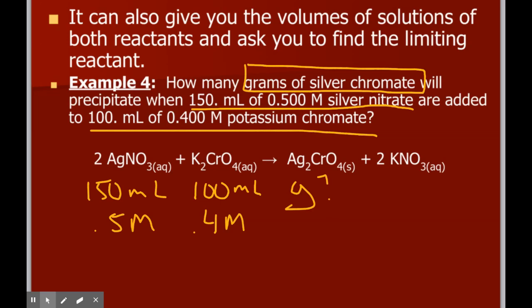So we're going to do 2 calculations. One that starts at volume of silver nitrate and goes to grams of silver chromate, and another calculation that starts at milliliters of potassium chromate and then also goes to grams of silver chromate.